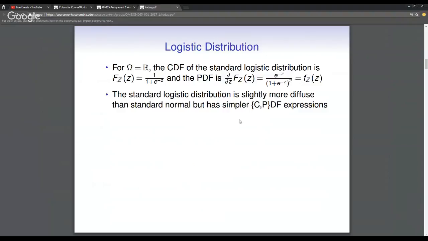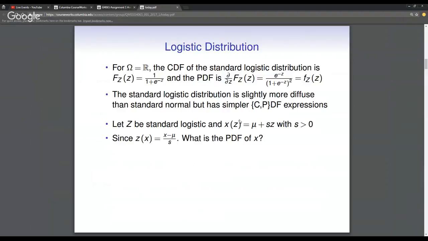Okay? So if Z has a standard logistic distribution and we define a new variable that's a function of Z, this is x, and x is equal to mu plus s times z, where s is some positive number that you supply, then it's pretty trivial to write z as a function of x, namely x minus mu divided by s.